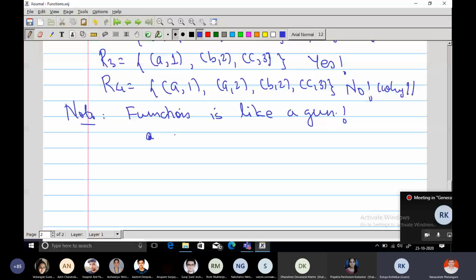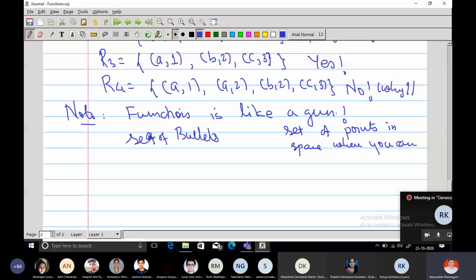So you have a set of bullets, and a set of points in space where you can fire bullets.